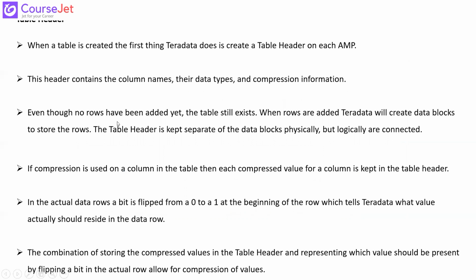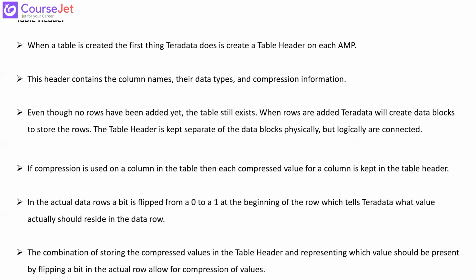Even though no rows have been added to the table, the table header will be present in all the AMPs whenever you create it. When rows are added, it will create the data blocks to store the rows. In the physical world, the table header is separate and the data blocks are separate, but logically we can consider the table and header together.